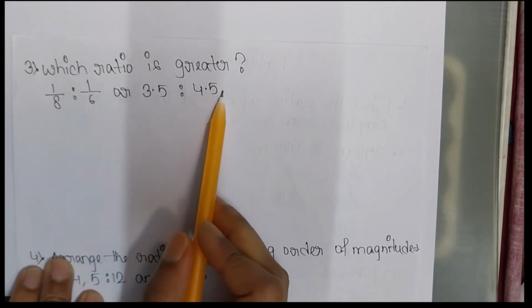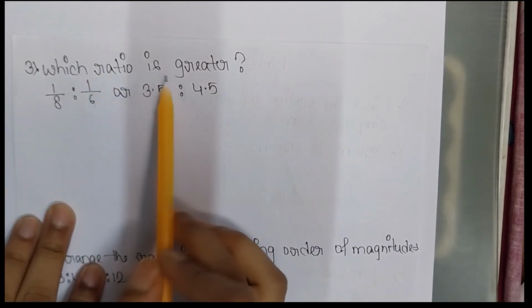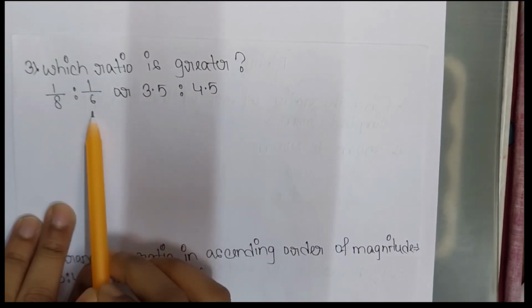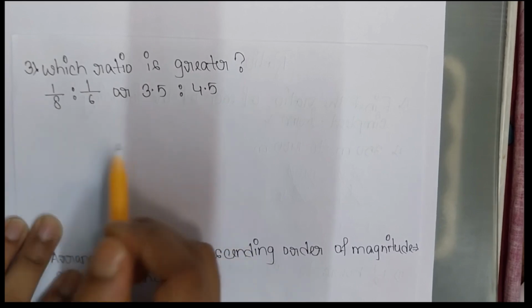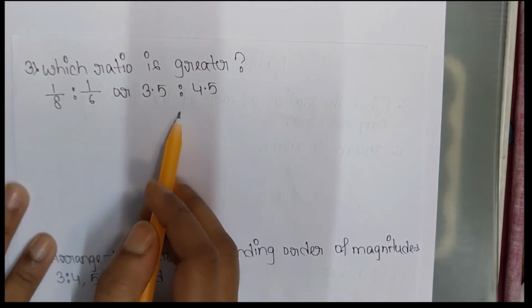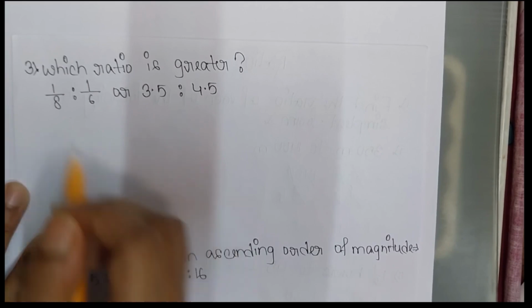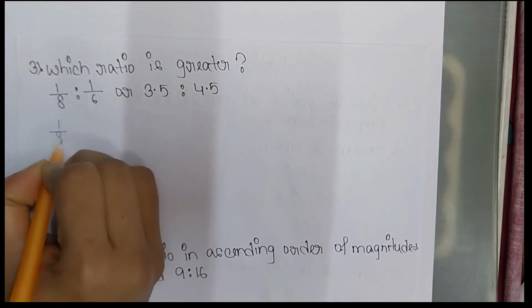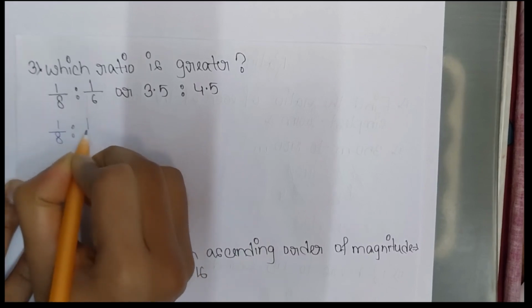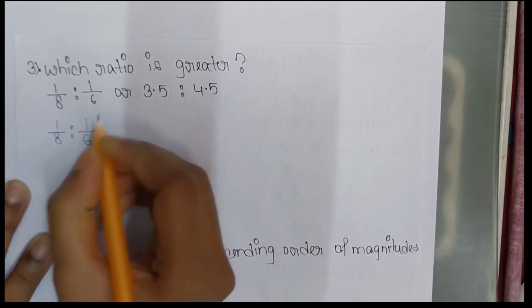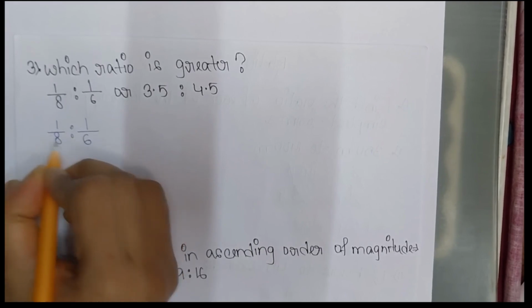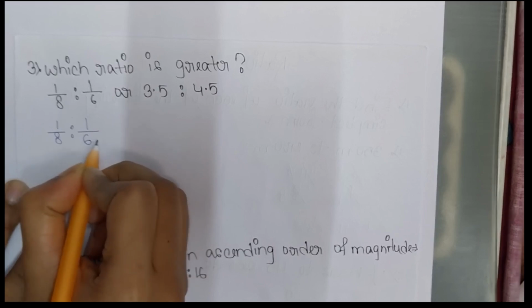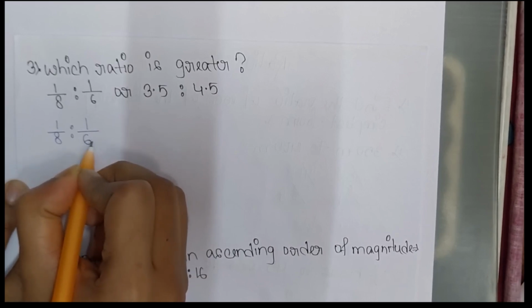Now the next problem is which ratio is greater, this one or this one. So we will first write the ratio. 1 by 8 is to 1 by 6. If we cut the denominators by the same number, it will become simpler.